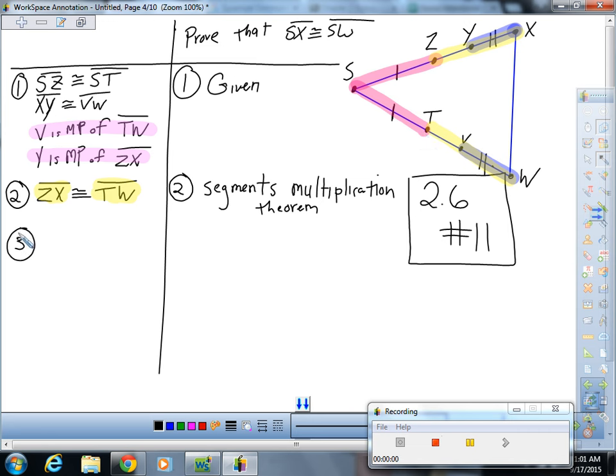We know that SX is congruent to SW, okay, by segments addition theorem.